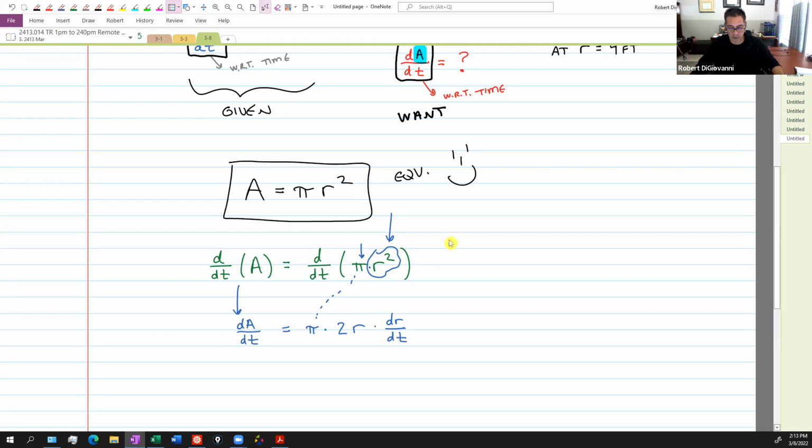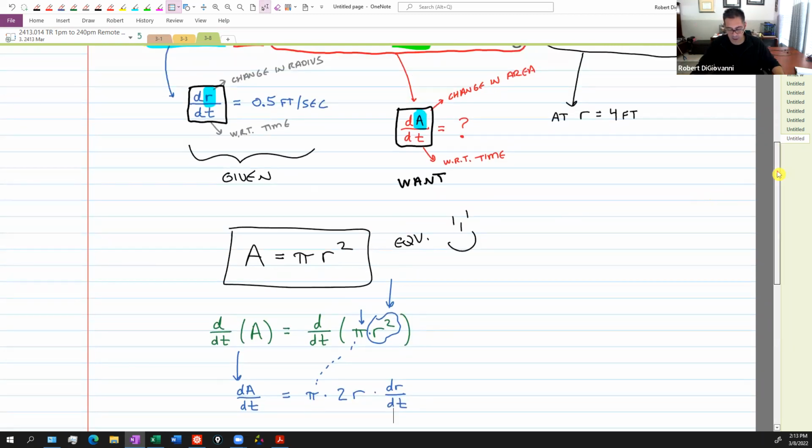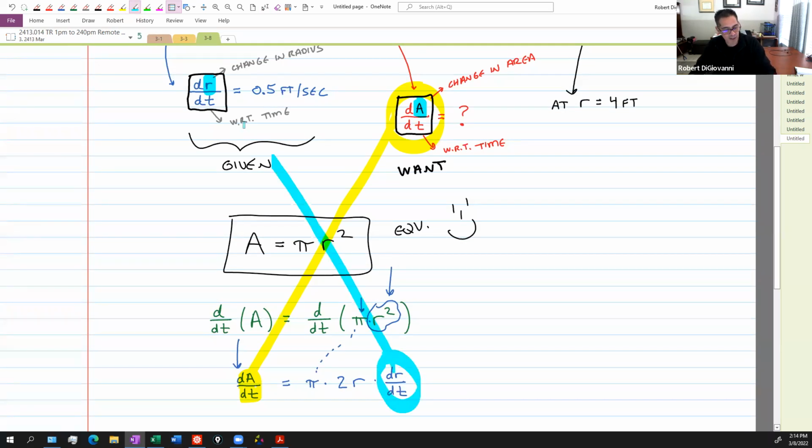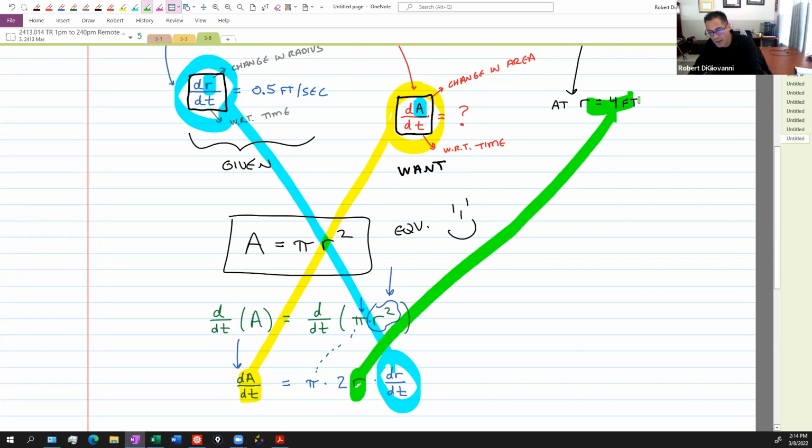And look, everyone, this is beautiful. dA/dt is what we're trying to solve for. dr/dt was given to us. And r, we know at the moment in time we're talking about.